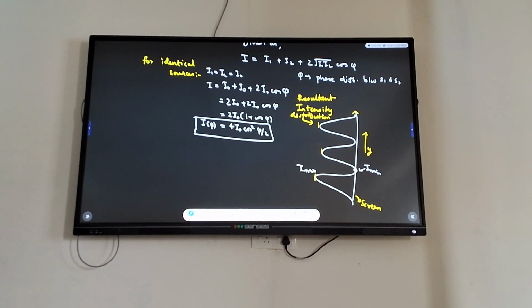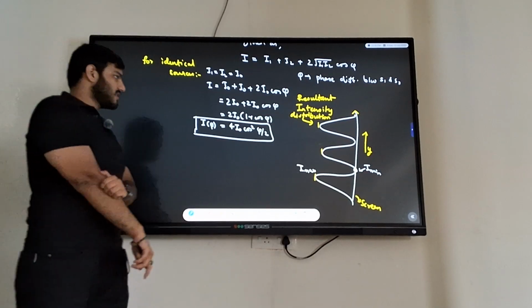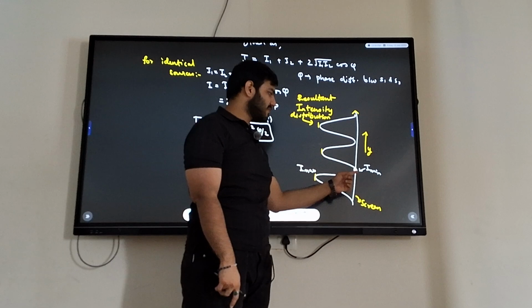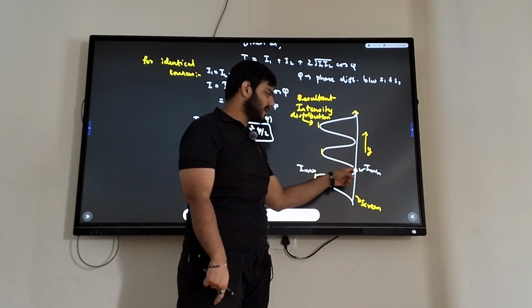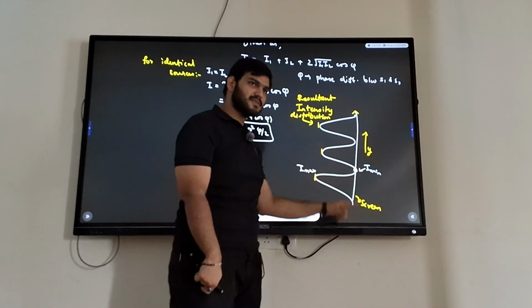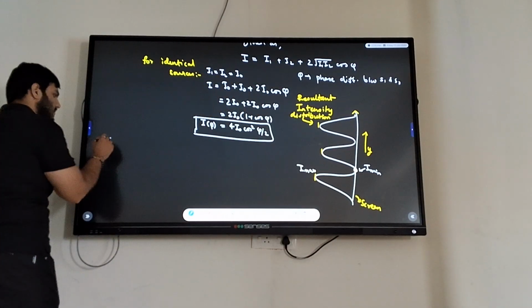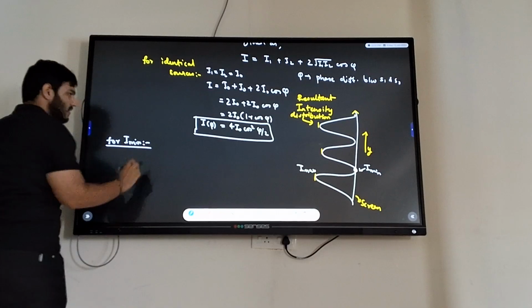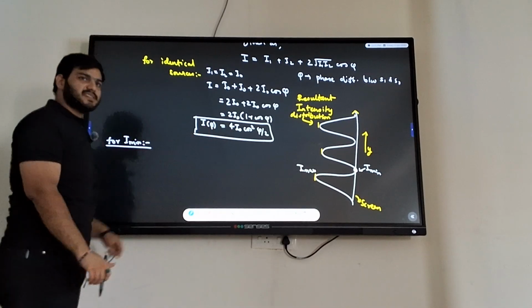So, can we find those Imax and I min values, by the way? It's very simple. Let's try to do it. No need for differentiation. This will be a destructive interference. It follows the condition of destructive interference. Then let's see. For I min, this phase and delta x have a relation.